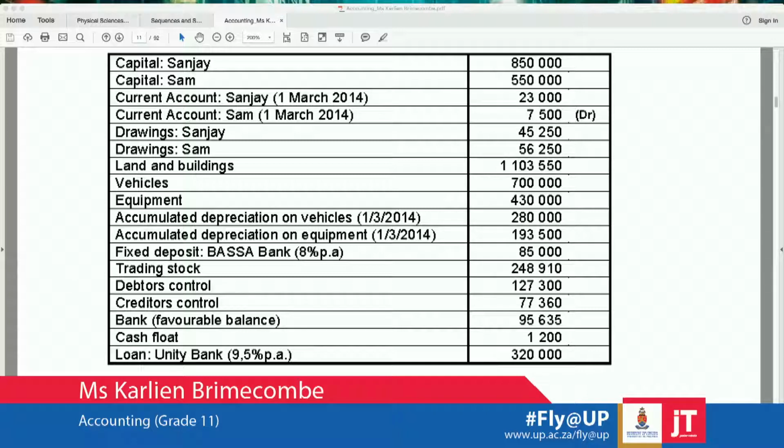Right, have a look. First adjustment. The partnership agreement made provision for the following. Both partners are entitled to a salary allowance. Sam's salary is 1,000 per month more than Sanjar's salary allowance. Sanjar's salary allowance for the current financial year is 118,750. So they've given you the salary allowance. So take it to the current account.